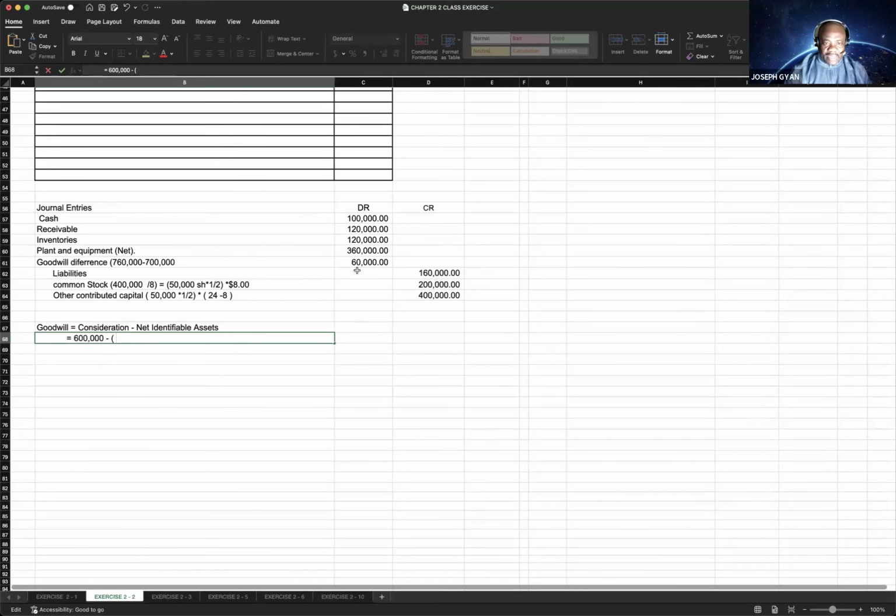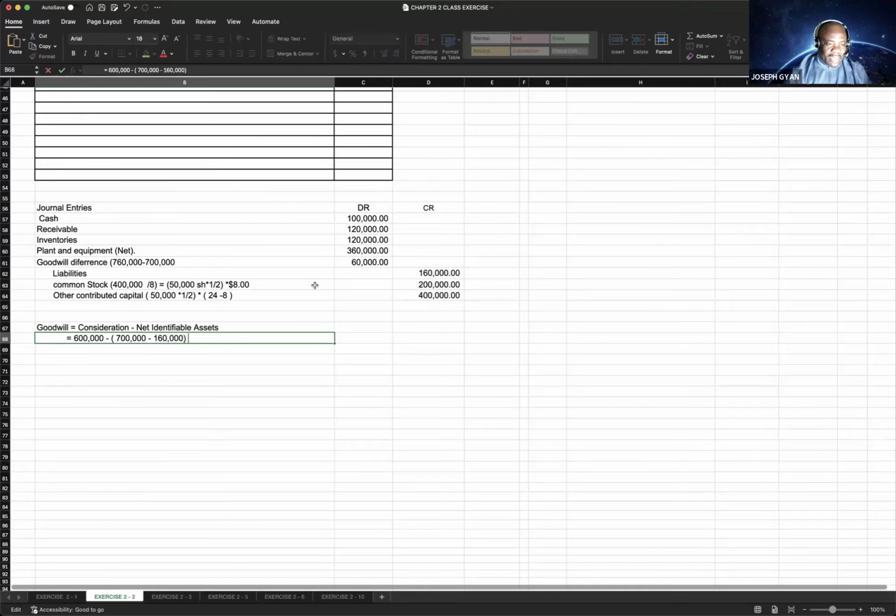All the total assets here, don't include the goodwill. It's 700, very good. 700,000 minus the liability of 160,000 gives 540,000.